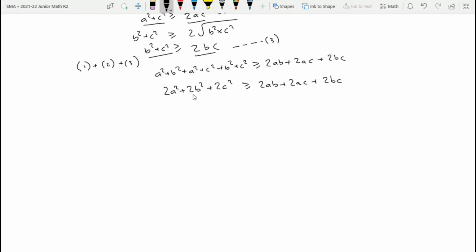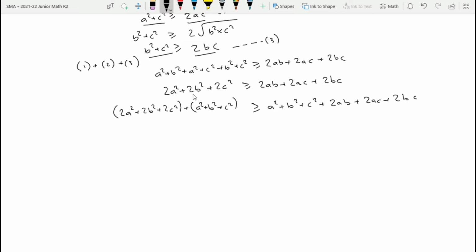What we're going to do now is add a squared plus b squared plus c squared to both sides of the inequality. When we do that, we have 2a squared plus 2b squared plus 2c squared plus a squared plus b squared plus c squared, greater than or equal to a squared plus b squared plus c squared plus 2ab plus 2ac plus 2bc.